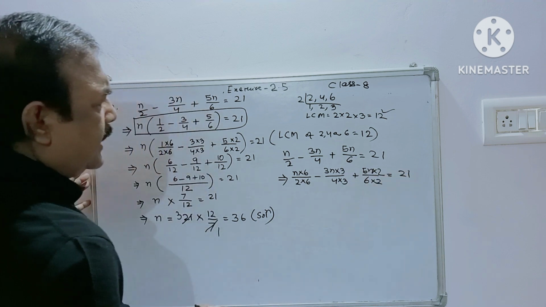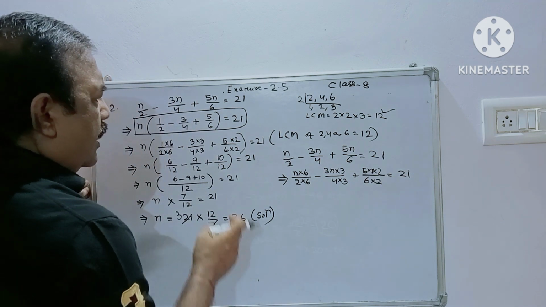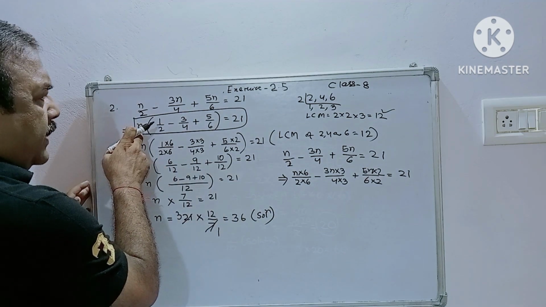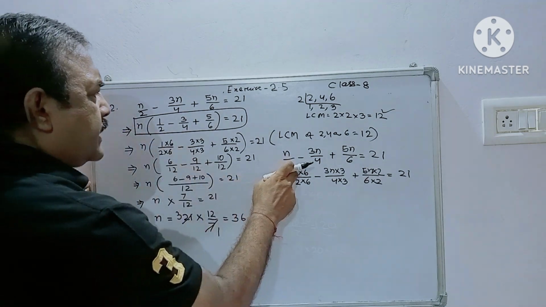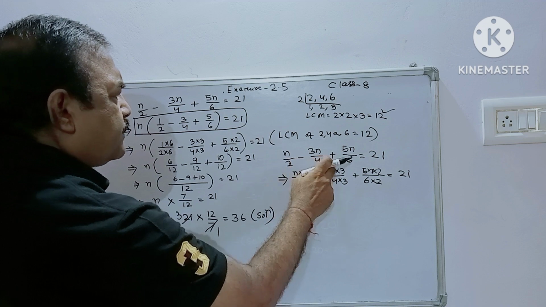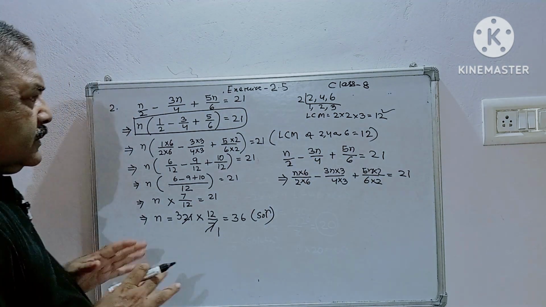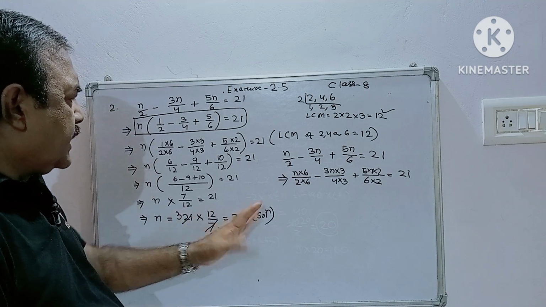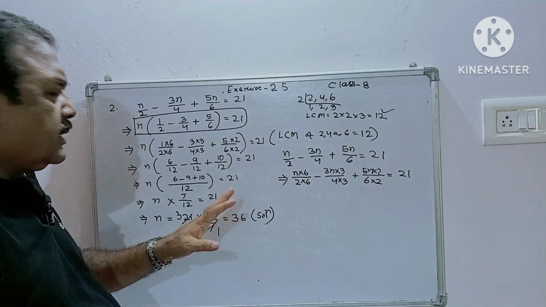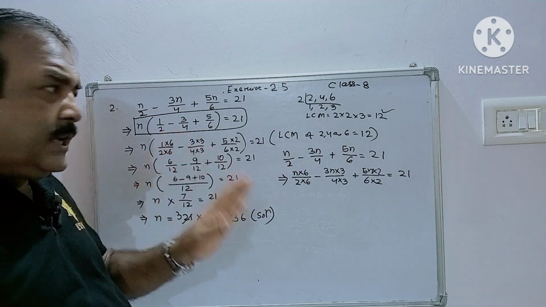You may also do it like this, or you may take n as the common factor, or you may place n as it was before in its place. So there is no difference, the same result will come. So n is equal to 36. That is the solution of the equation.